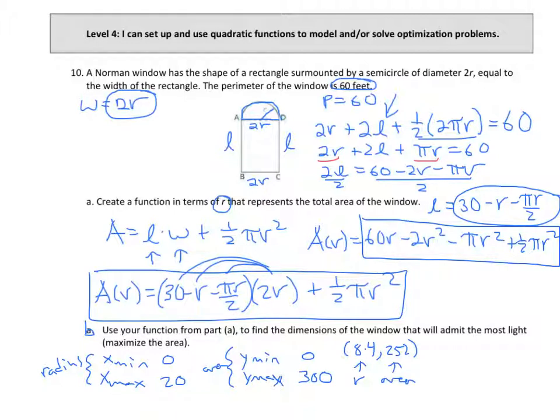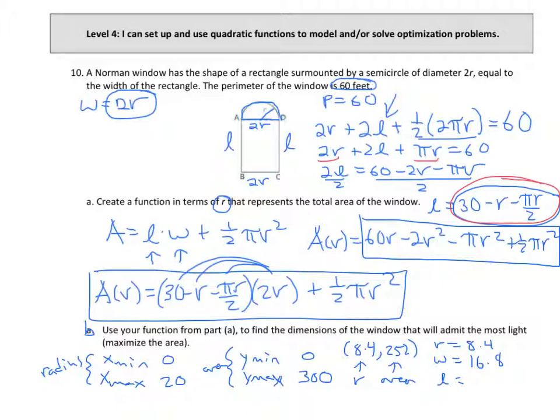So the radius would be 8.4. The width would be 2 times the radius, which would be 16.8. To find the length, we're going to go back to our expression for the length and plug in r.